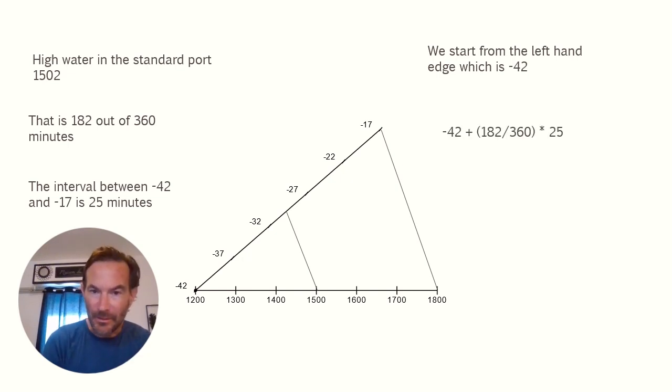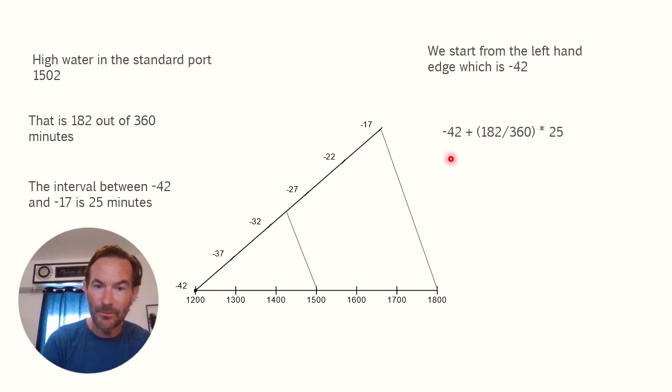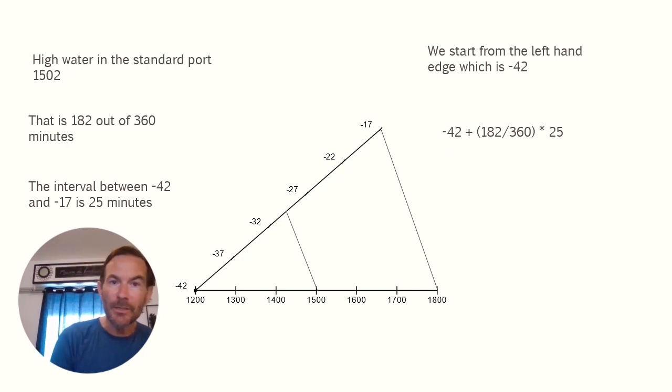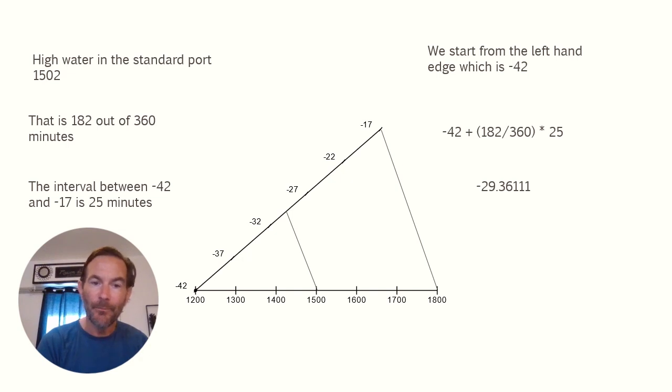The calculation is going to be 182 360ths of 25 added on to minus 42. Your calculator is going to spit out minus 29.3611 recurring, which, so long as it's below 29.5, we're going to round down to minus 29 minutes to the nearest minute.